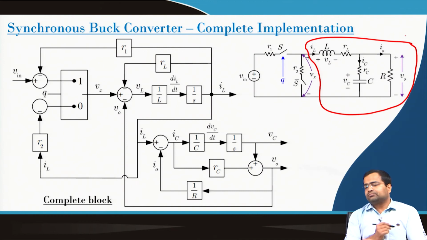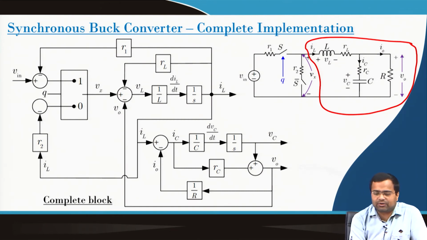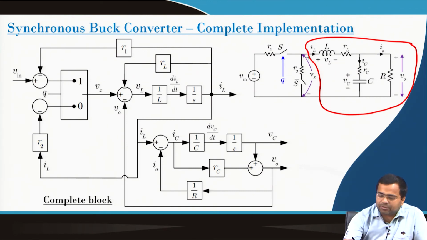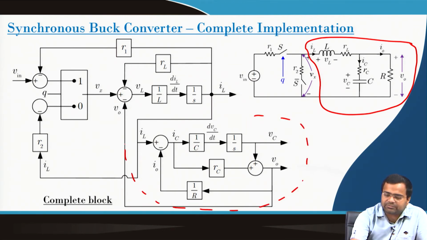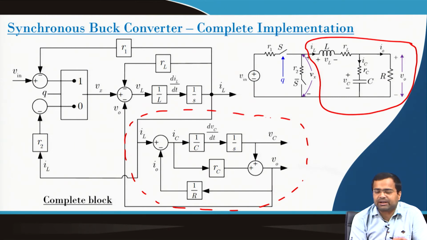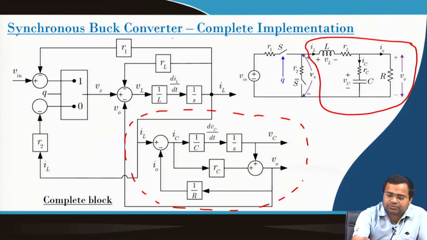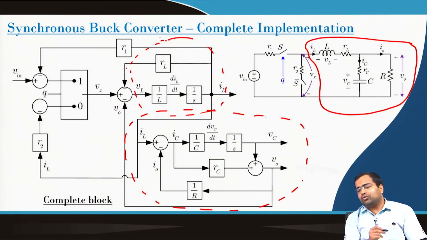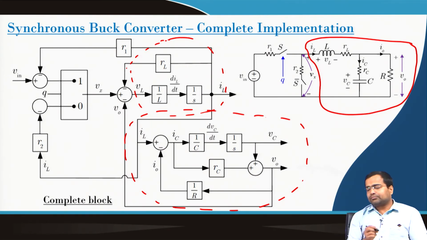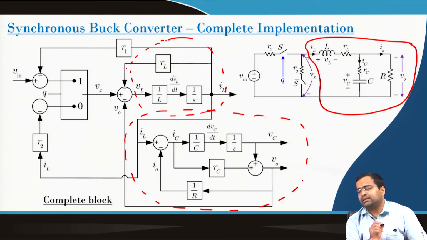Okay. So, here the only difference is where is the difference? This block we have already made in our Simulink is a parallel RLC branch. This block is also made as a parallel RLC branch, like this branch. So, if we look at this diagram compared to the parallel RLC branch, what is the difference?